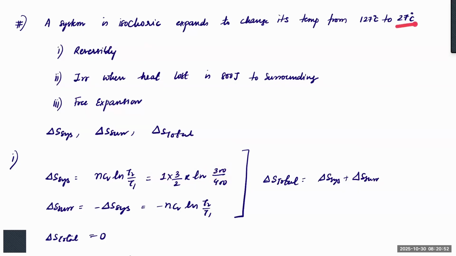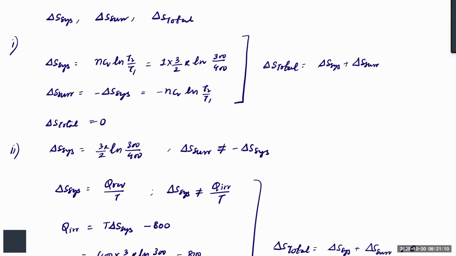So this is T2 and this is T1, 127. And you know that if it is reversible, delta S system and delta S surroundings will be the same, just with a negative sign. And delta S total will be the sum of these two, which is equal to 0. Got it? This is the first case.